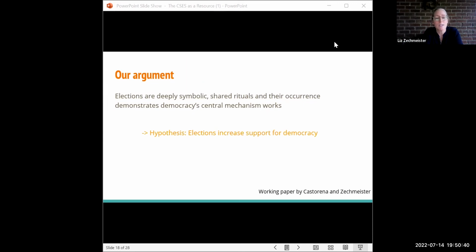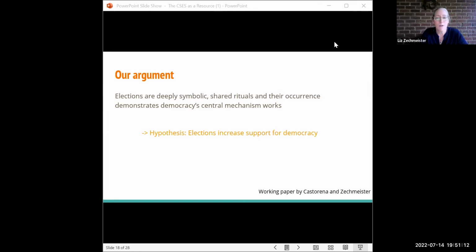And this may sound sort of counterintuitive given the fact that I just reviewed the fact that elections stoke partisanship and polarization, but we argue that fundamentally elections are deeply symbolic collective rituals. And when they occur, they demonstrate that democracy works. And we know from other research that a lot of people, when they're asked to think about what democracy means or what it's about, they think about elections.